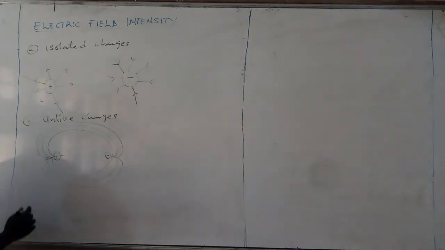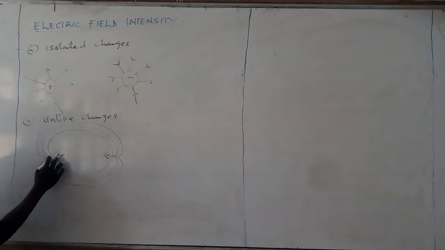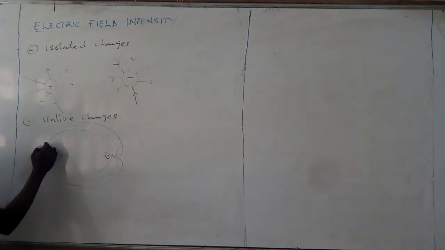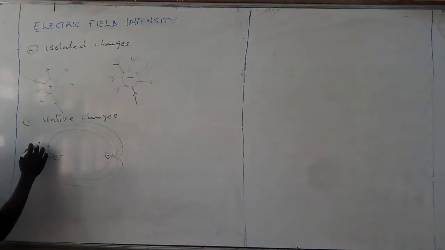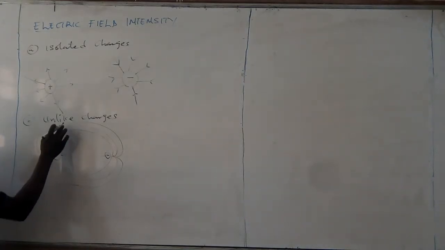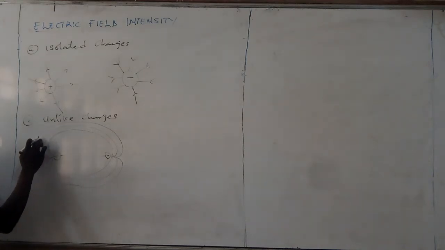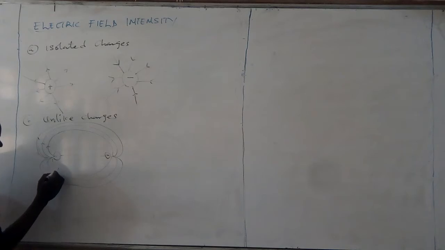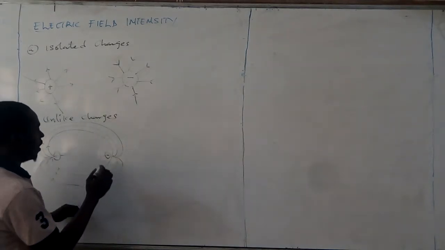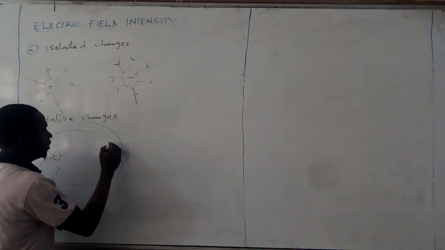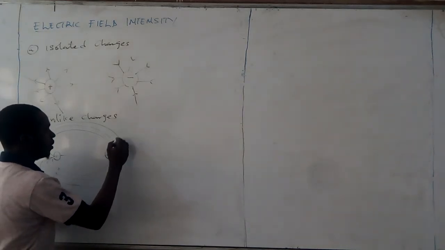Now, since we said that they always originate from the positive charge, the direction will be like this, and also we are going to have something like this. And they will terminate at the negative charge, so the direction will be entering the negative.